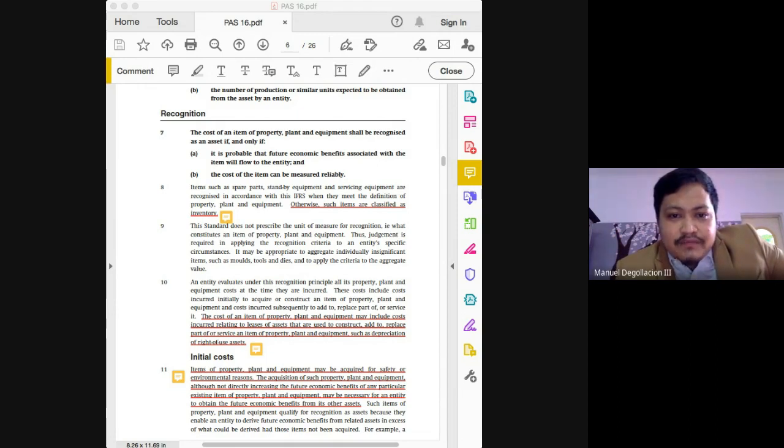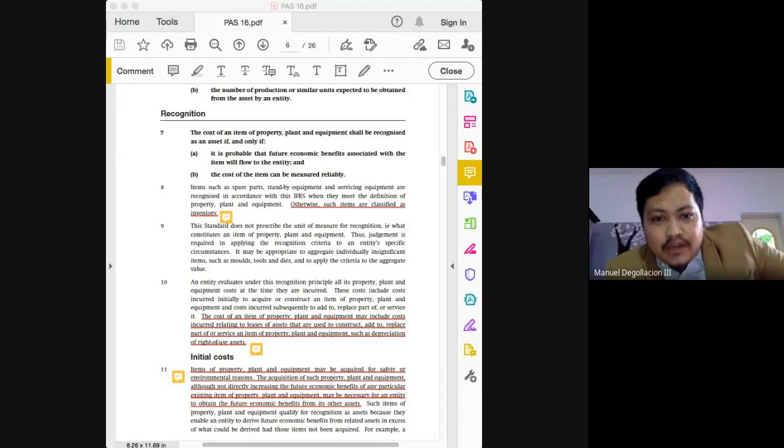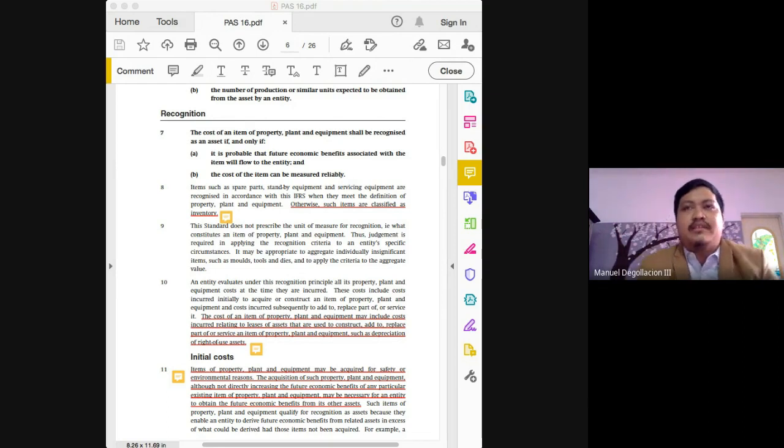Last part of paragraph 10, class: the cost of an item of property, plant, and equipment may include costs incurred relating to leases of assets that are used to construct, add to, replace part of, or service an item of property, plant, and equipment, such as depreciation of right-of-use assets.